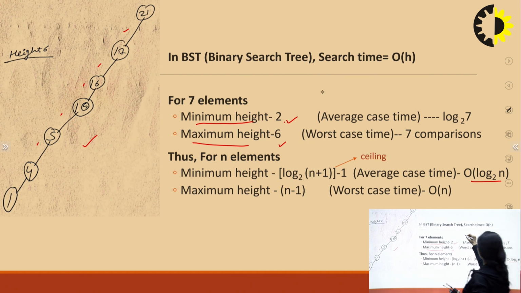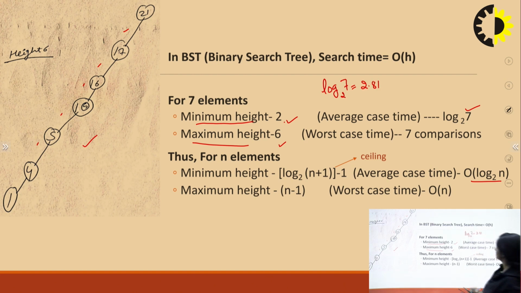Because we already know that the elements are 7 and log 7 base 2 is approximately 2.81. This is near about 2, and the height is also 2. It means we can write log 7 base 2, and 7 is the number of elements which we denote by n. So we can write it as big O log n base 2.